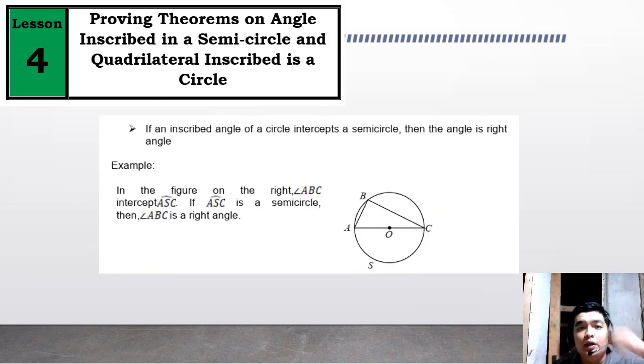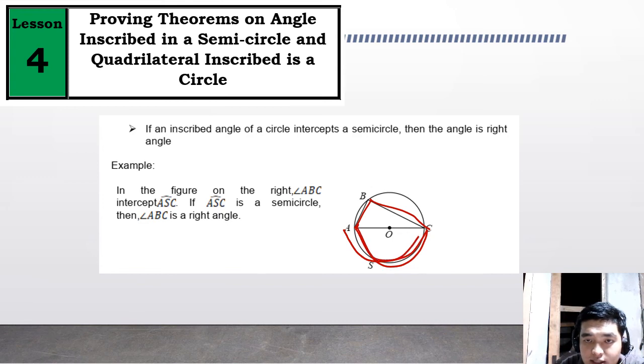Lesson 4: proving theorems on an angle inscribed in a semicircle and a quadrilateral inscribed in a circle. If an inscribed angle of a circle intercepts a semicircle, then the angle is a right angle. In the figure on the right, angle ABC intercepts arc ASC. If ASC is a semicircle, then angle ABC is a right angle.